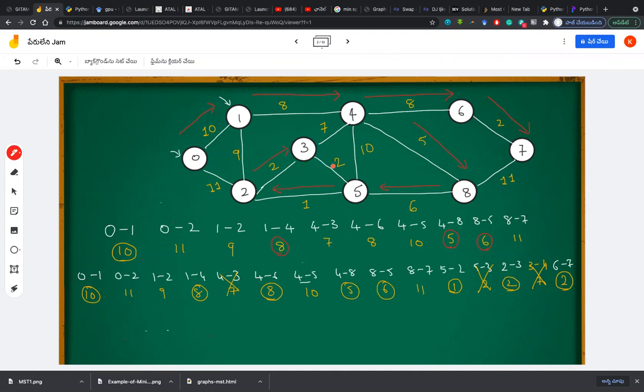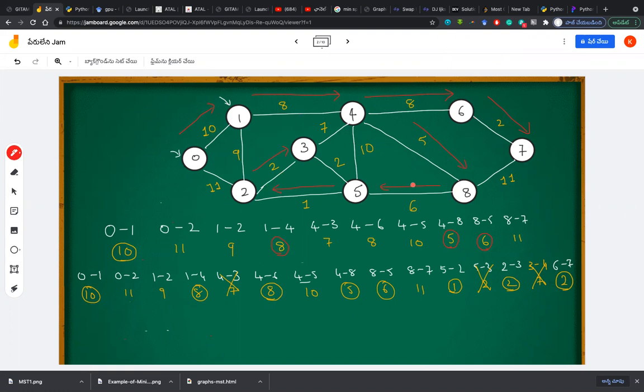Most probably, if there is no duplicate weight, you will always get one minimum spanning tree among all the spanning trees. For example, if there are 100 spanning trees, you will get only one minimum spanning tree if there are no duplicate weights. But if there are duplicate weights, that is still called a minimum spanning tree, only one, because why should you write another minimum spanning tree if you have this one?